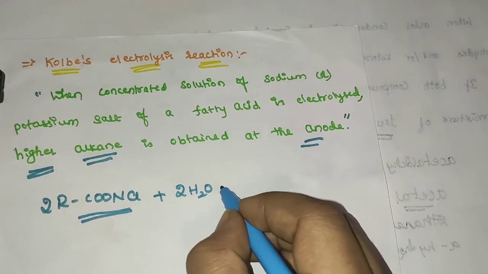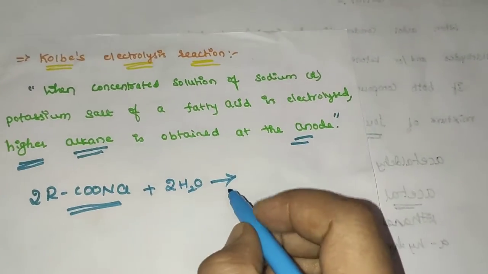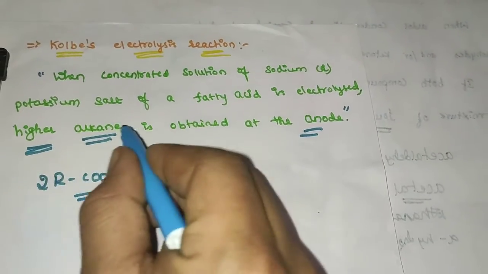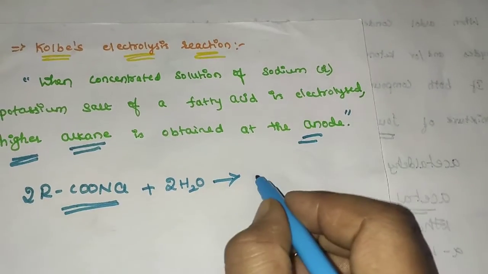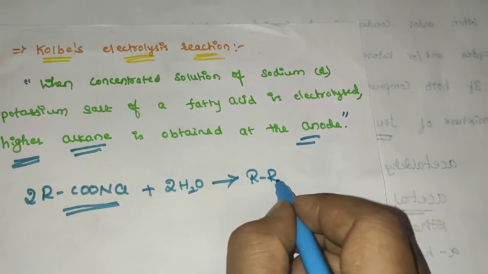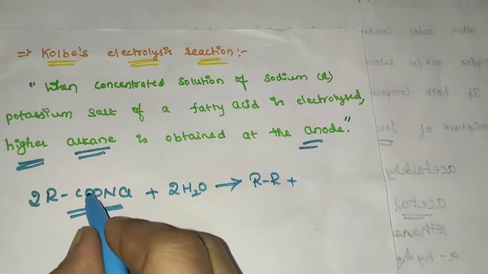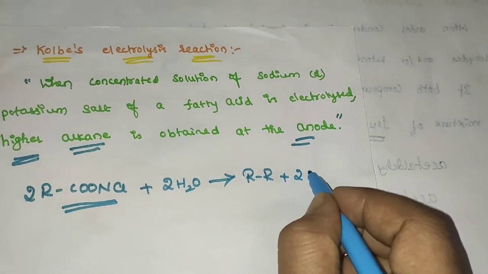In the process, water molecules are used. So the product formed is a higher alkane. Because 2 R groups are there, R and R, this is called a higher alkane. Then how many carbons are there? 2 carbon atoms, so 2C.